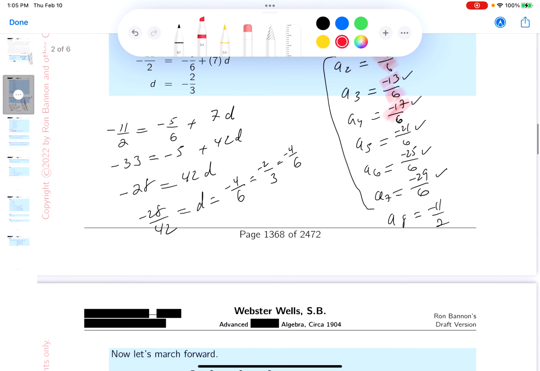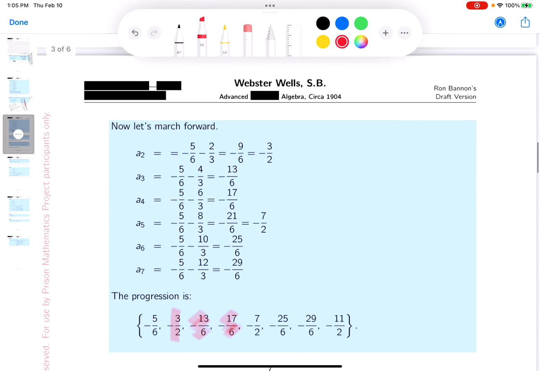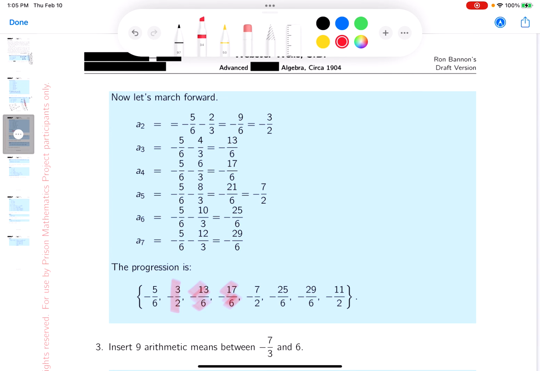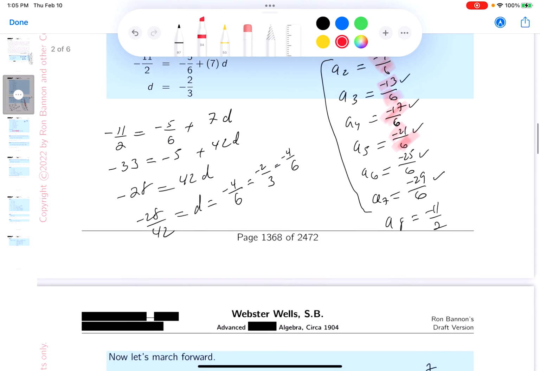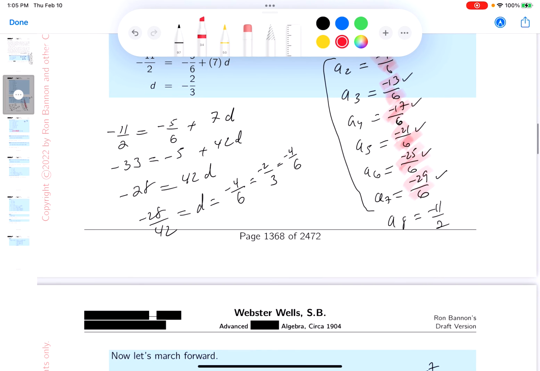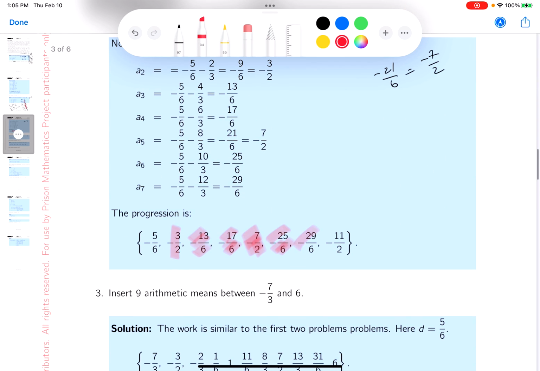I see that. Let's see if we get minus 21 over 6. I don't see that, but minus 21 over 6 can be reduced by a factor of 3, which is minus 7 over 2. And I do see that there. Minus 25 over 6, I see that. Then minus 29 over 6. I'm just checking. And of course, you end at minus 11 halves, like I said you would.